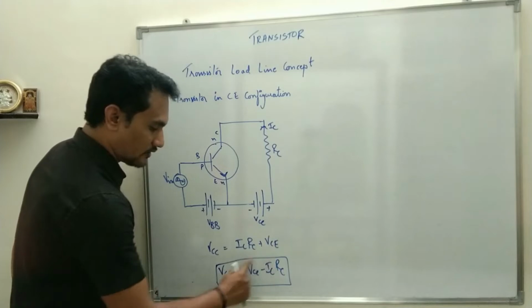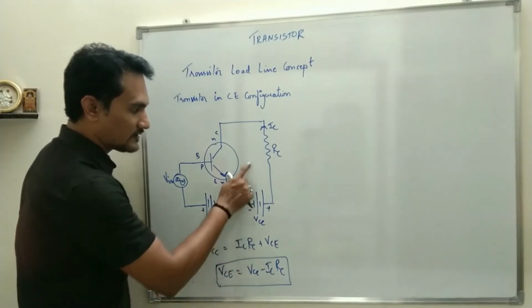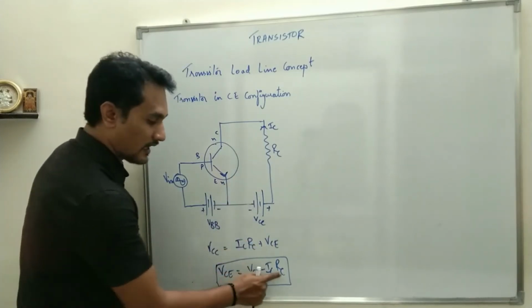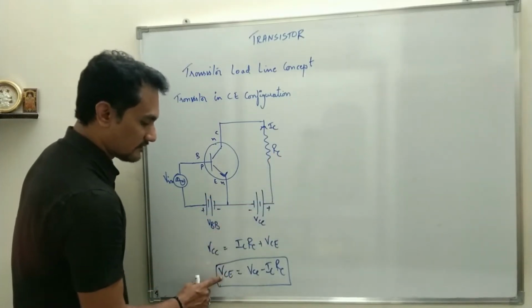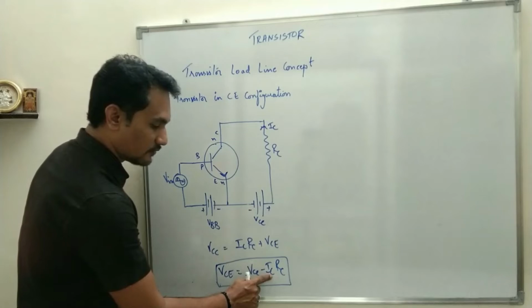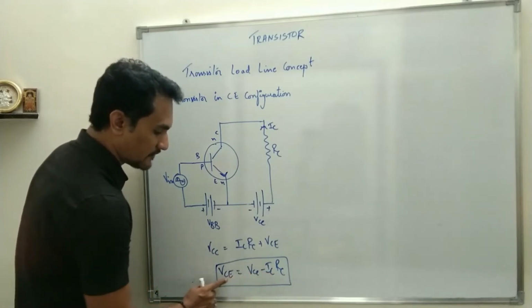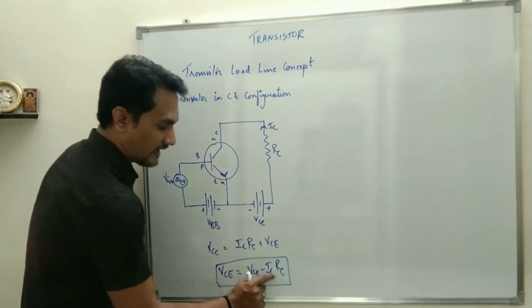From this diagram, what you can see is VCC is the supply voltage at the collector which is fixed, RC is the collector resistance which is fixed. So what changes? There are two variable quantities, VCE and IC.